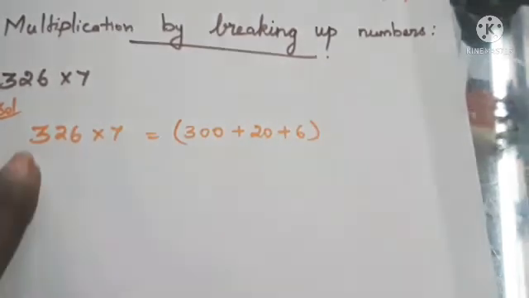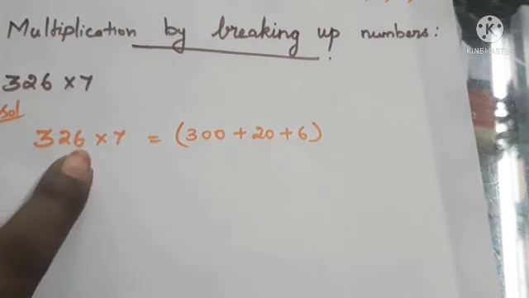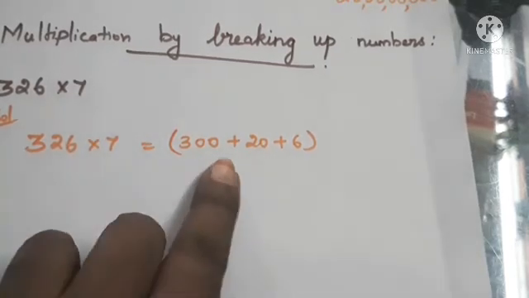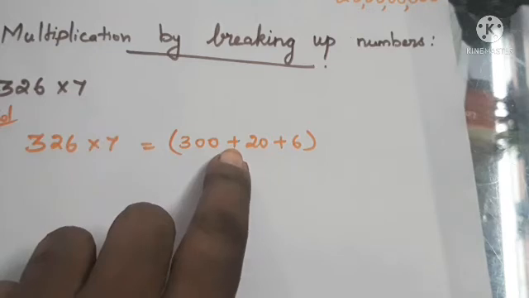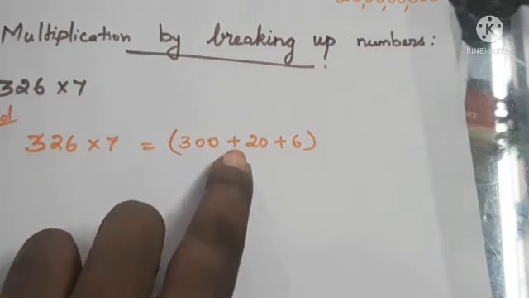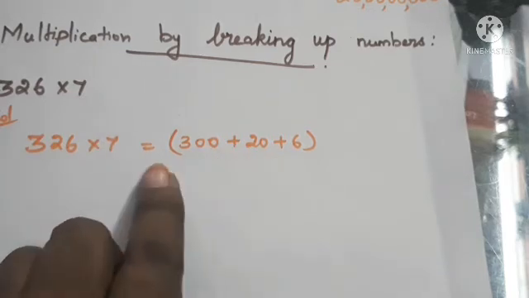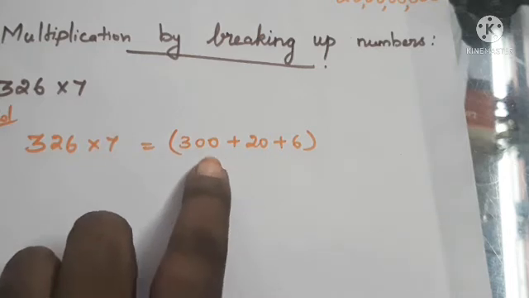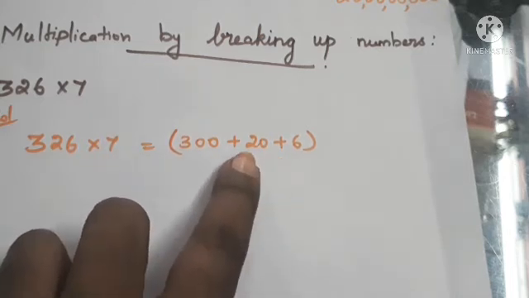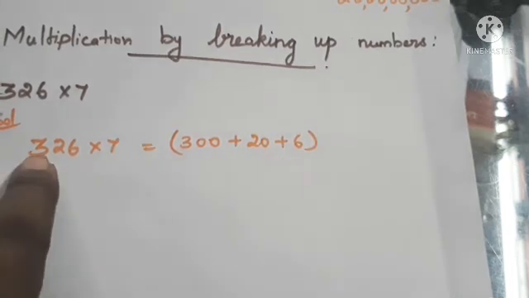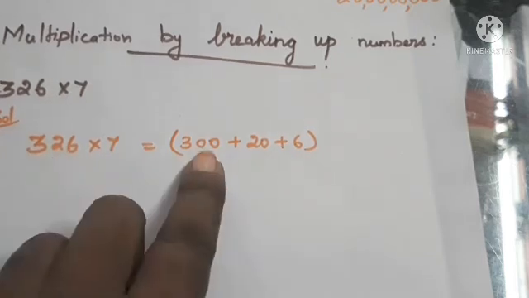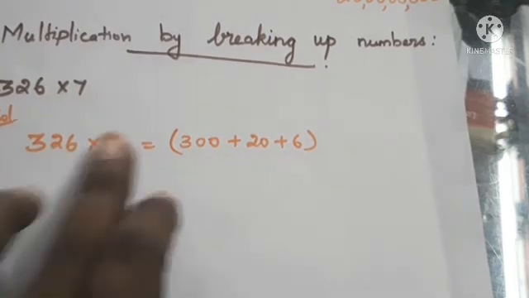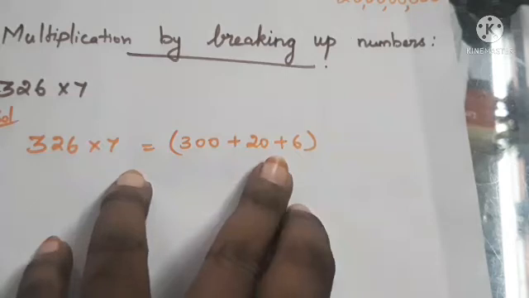Don't put a multiplication symbol between them, because here we are going to add. 300 plus 20 is 320, and 320 plus 6 is 326. So we have written 326 as 300 plus 20 plus 6.